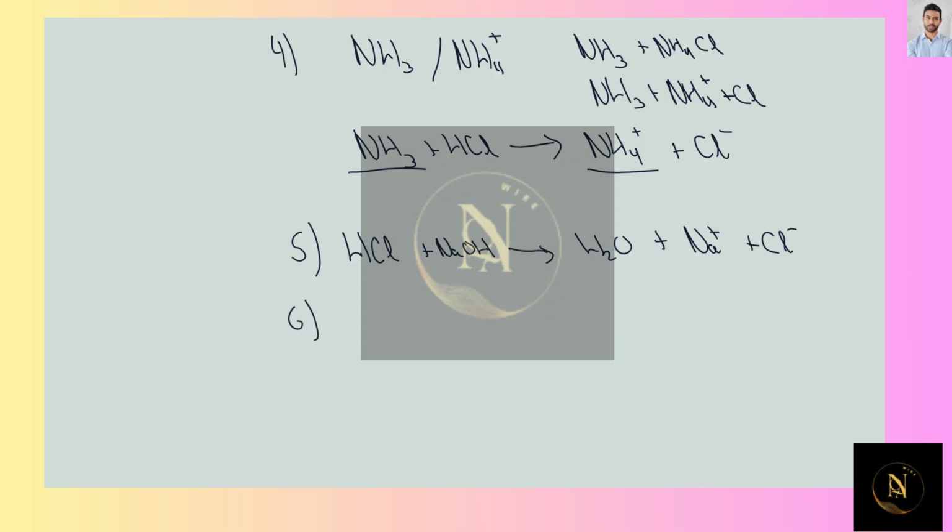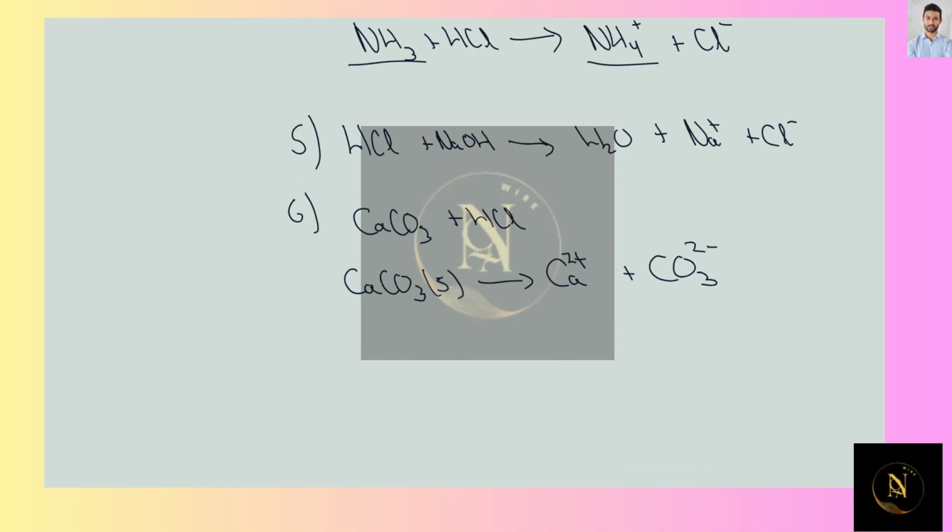And finally, for part 6, we are asked why calcium carbonate is more soluble in HCl than in pure water. So let's look at what would happen with the solubility product of calcium carbonate. We're going to generate calcium 2 plus and carbonate 2 minus, right?